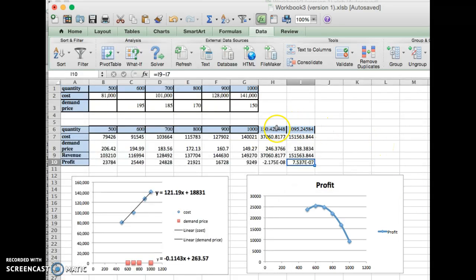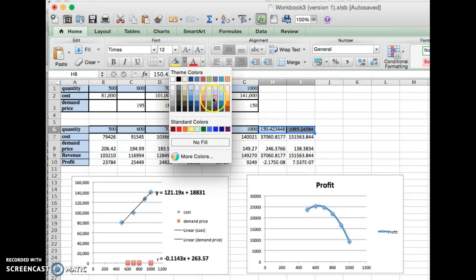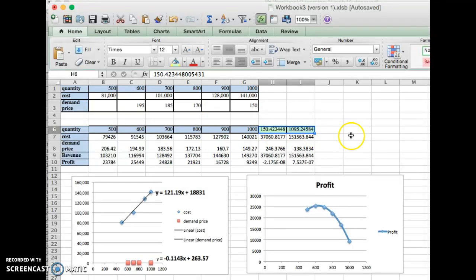And so it tells you that these two values here in green, my 150 kind of rounded off, and 1095 are two break-even points, where the first one is probably of most interest to a business person because that's when you're starting to make profit.